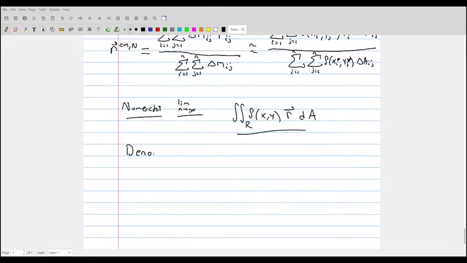In the denominator, these are both in the limit as n goes to infinity, or the number of rectangles gets larger and larger, the denominator becomes the double integral of the density function dA. So it's the double integral of the density function, which we know from before is just the total mass contained in the region.